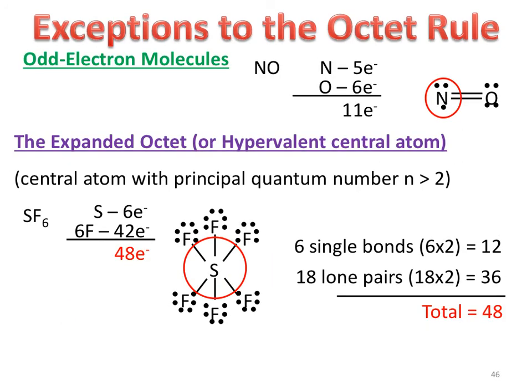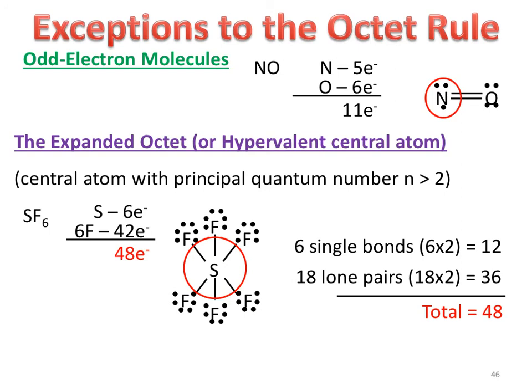Odd electron molecules, again, it comes down to the formal charges. If you get down to formal charge of 0 and you have one electron that's not paired up with another, that's perfectly fine. Typically these will occur with elements that are in odd numbered groups, like group 15 where nitrogen is.